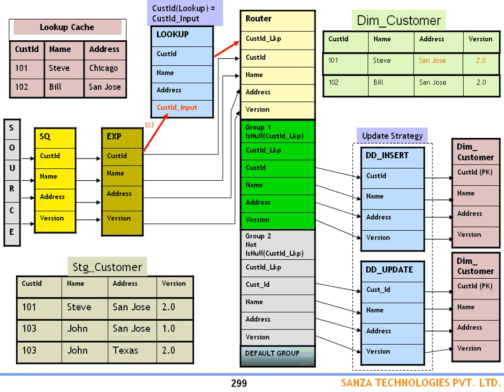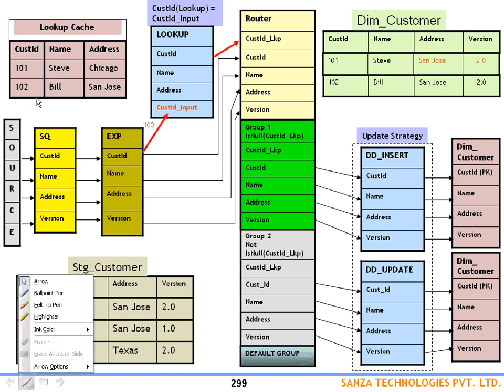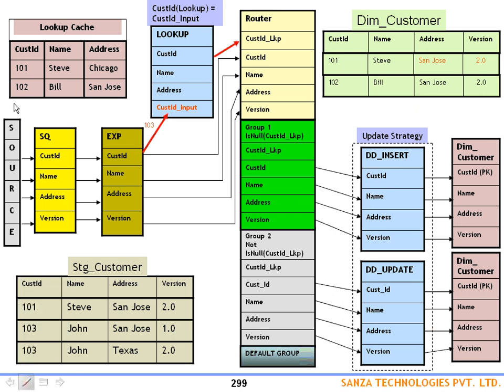If the condition fails, fine, it will return whatever it has to return. But somehow I insert the customer ID into the cache. After returning, I should have a mechanism by which I can put the 103 in my lookup cache.